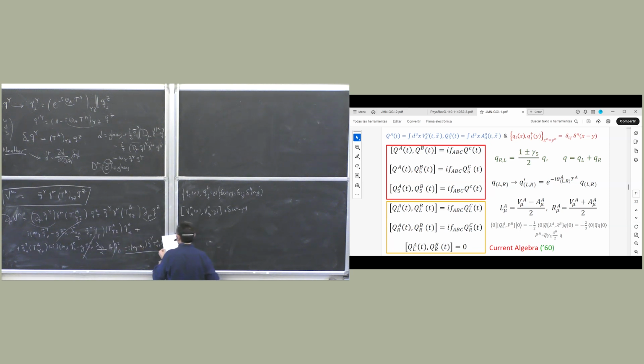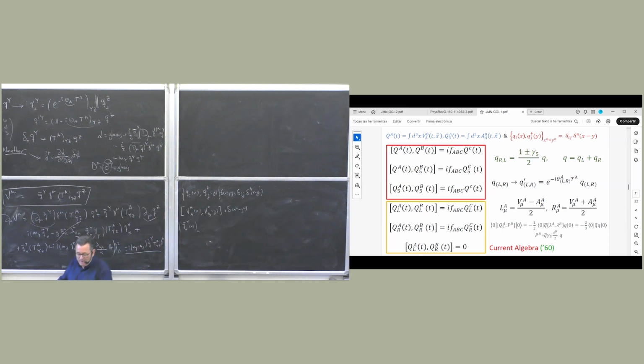So the commutator. This thing is going to be Q bar, psi alpha, x. I am going to put explicitly the Dirac indices, right? This A and B are different because here, mu and 0.